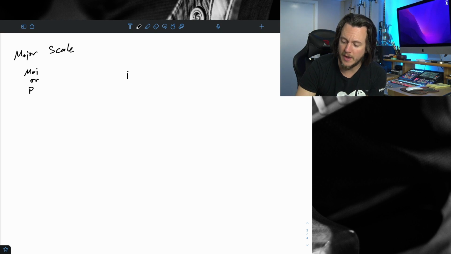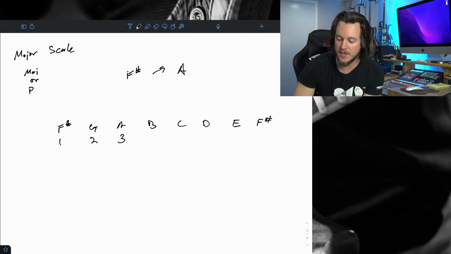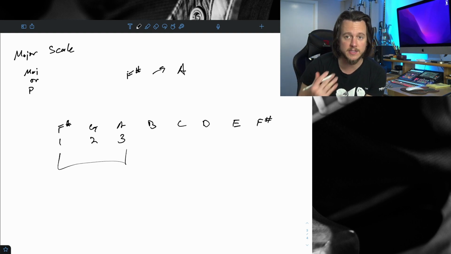Let's do another one. Let's do F sharp to A. So again, we're going to write F sharp and then just the letter names G, A, B, C, D, E, and then F sharp. All right, now 1, 2, 3. F sharp to A is some type of third, but what's the F sharp major scale?